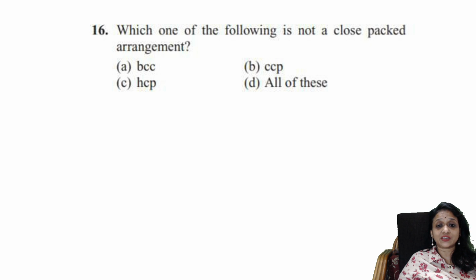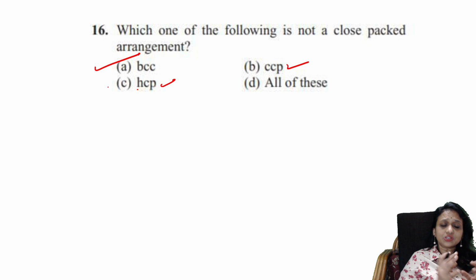Simple cubic you see 52.4, BCC you see 68, and then 74 in these. So which is not close packed compared to this? Yes, these are FCC, 74%. Less than that is BCC. So in this, which is not closely packed, not tightly packed? There are a lot of spaces in between. Okay, so BCC is the answer, not these.